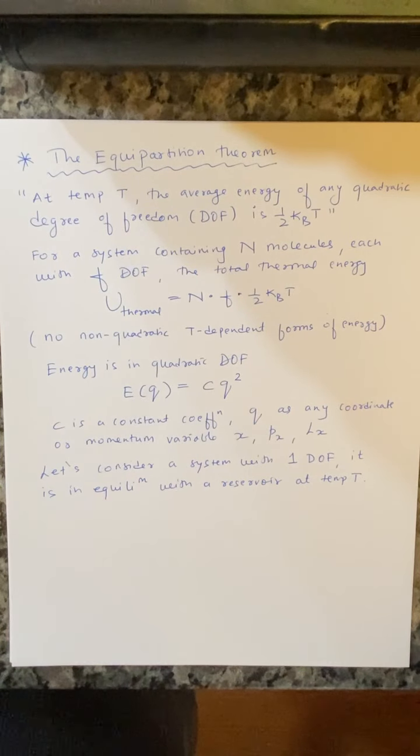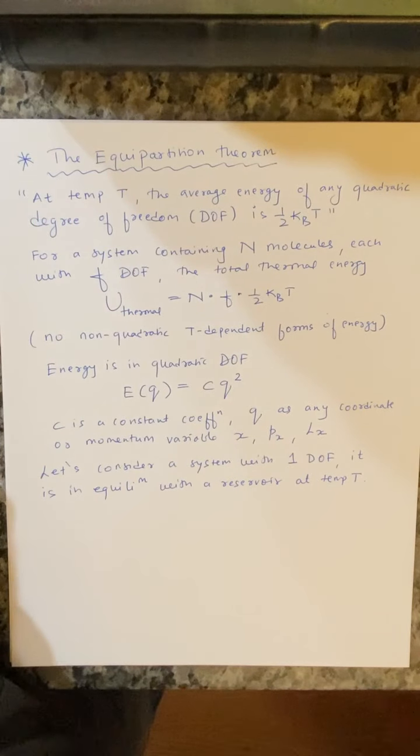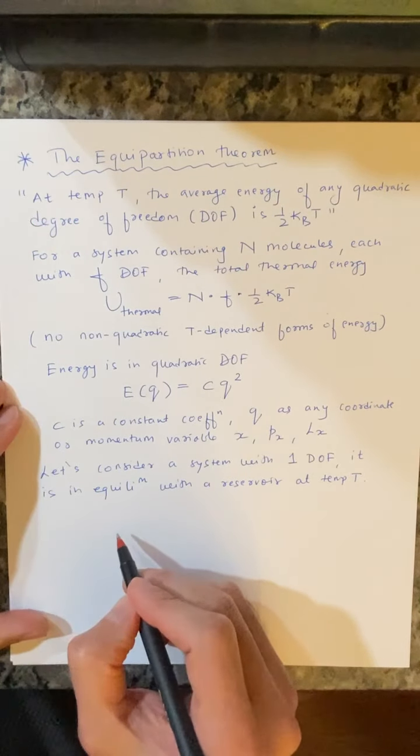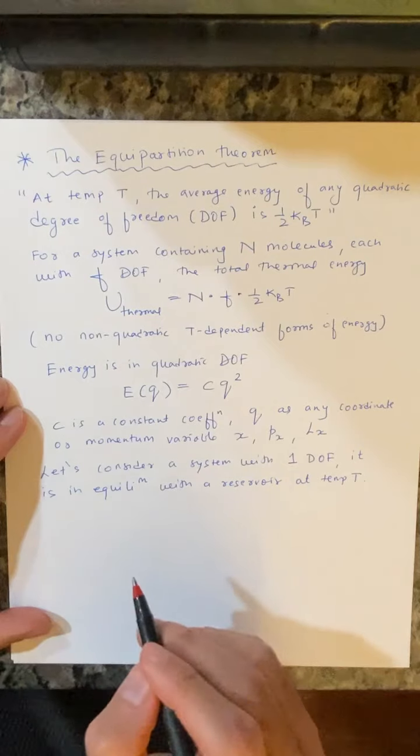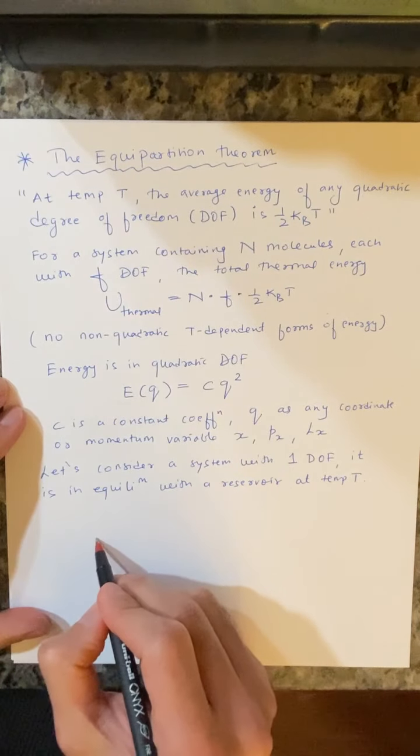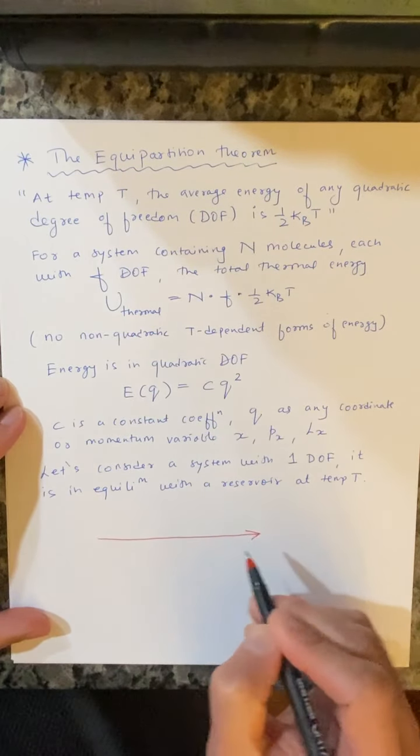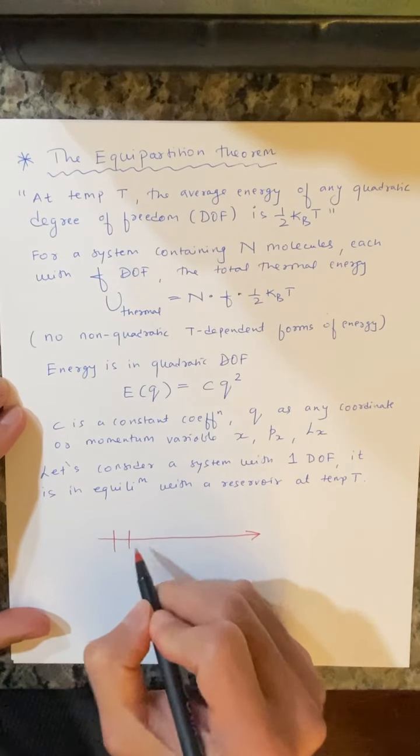In this case, what we are going to do is assume that all the energy levels, let me draw a rather brief diagram here, are quantized, discrete, with a very small spacing of, let's say, delta Q, something like this, right?